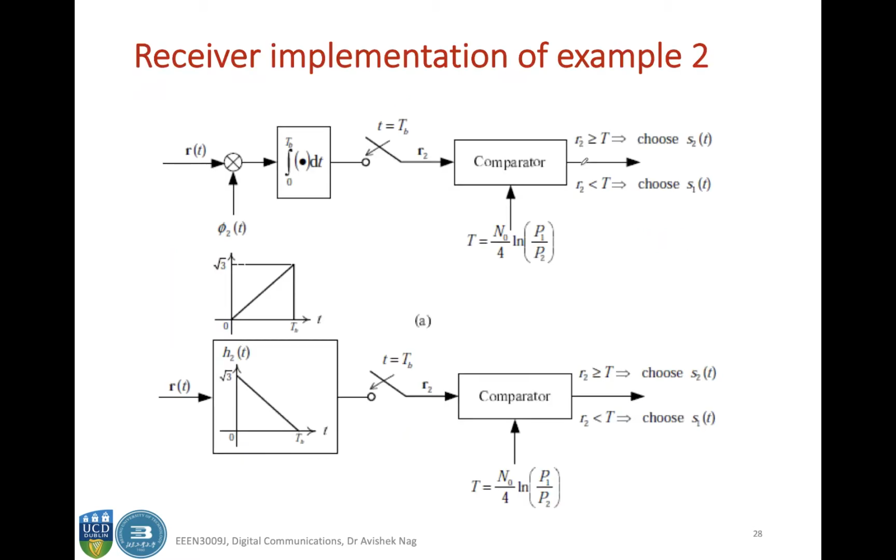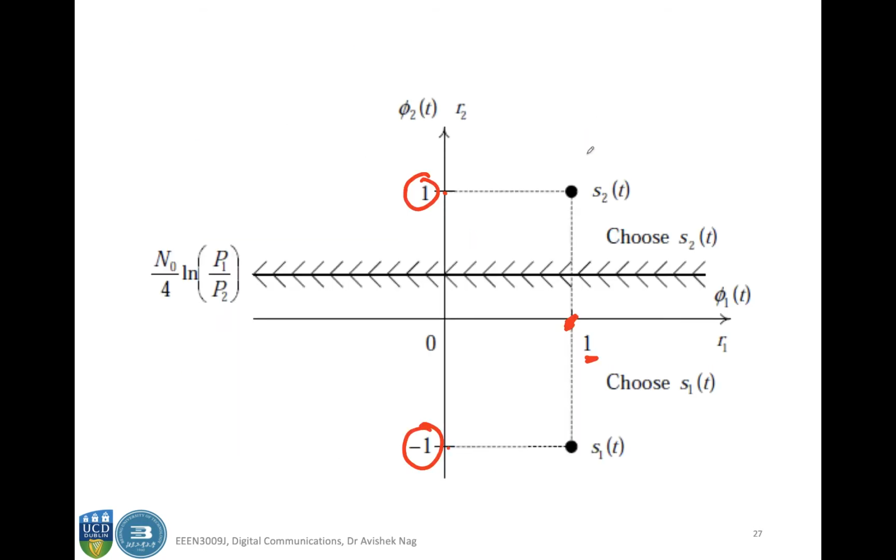So in such a scenario you can have only one matched filter. You just work with the phi2 component. You have the received signal, multiply with phi2, then integrate and sample, and you get R2 here. You just figure out if your R2 is greater than a threshold or lower than a threshold. If you go back to the figure again, this decision boundary itself gives you the threshold.